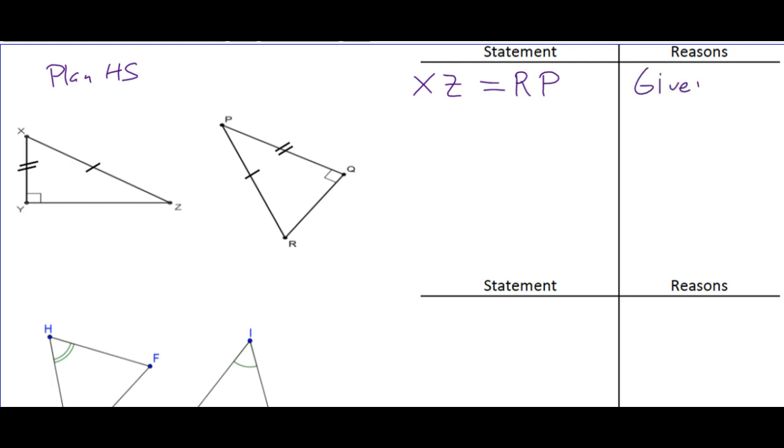Given. Let's name the sides that are equal. So what do you want to call this side? XY. And what's it equal to? QR or RQ? Really? Because XY goes down to the 90. So RQ.